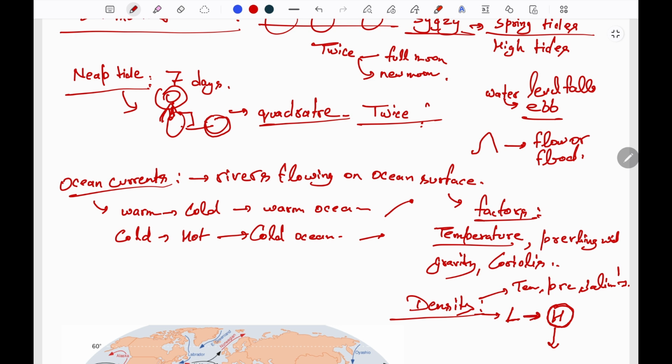So surface ocean water moves from low density to high density, and these are the major factors for development of the deep oceanic circulations, also known as thermohaline circulations.